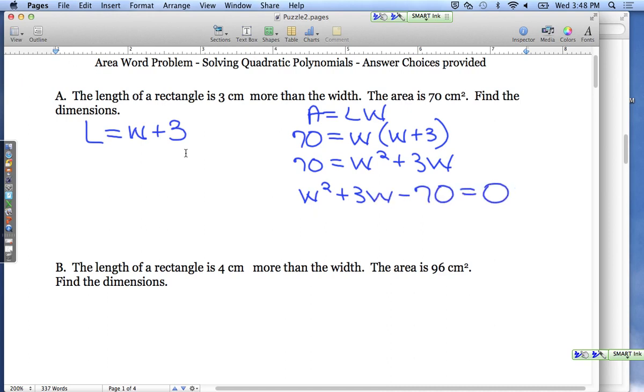The constant is negative, so that means I will have alternating signs in my factors. One's positive, one's negative. So I need factors of 70 that differ by 3, and that would be 10 and 7. The larger factor is positive because the linear term, the 3, is positive. And then you find the root for each piece.